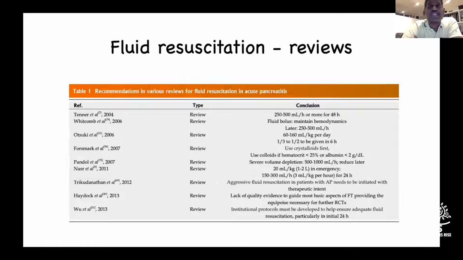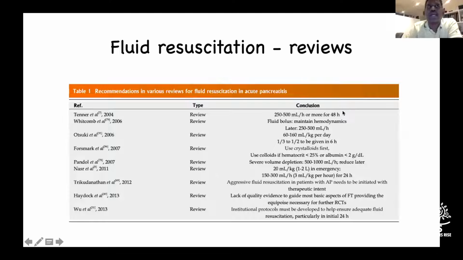So if the sequestered fluid exceeds 6 liters within 6 hours, it can lead to a more severe disease. So based on that premise, Tenner used that for 24 hours and divided that by 24 hours and got this 250. But if you look at the numbers, he has changed the time duration to 48 hours. So that probably led to a larger volume.